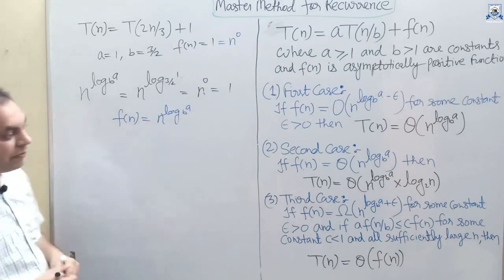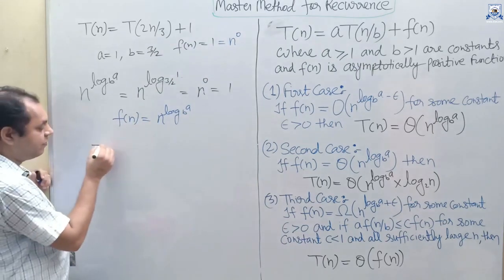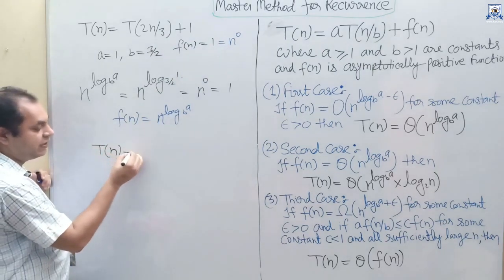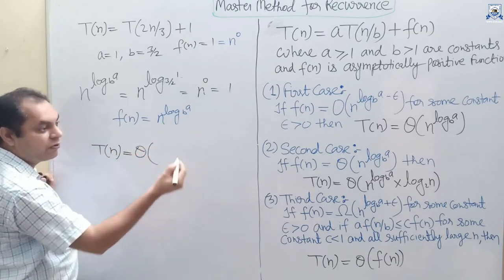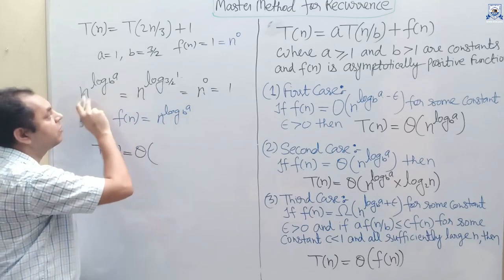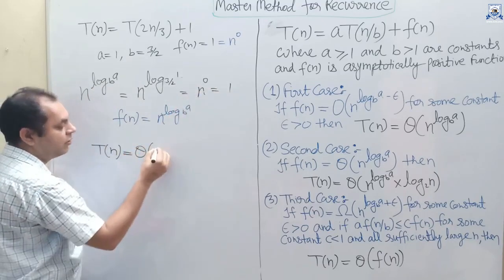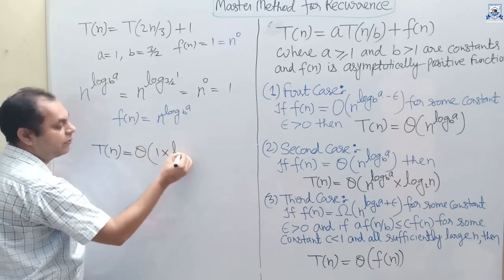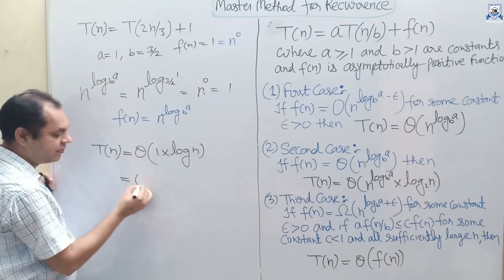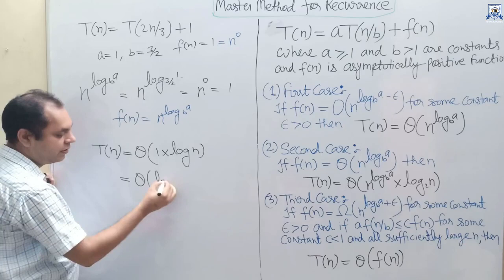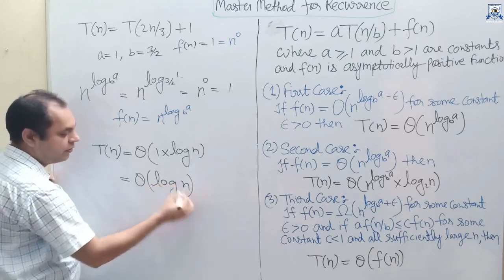If we apply the second case, then the solution of this recurrence relation would be Tn is equal to theta of n to the power log a at base b times log n. The value of n to the power log a at base b is 1, so the solution of this recurrence relation is nothing but log n.